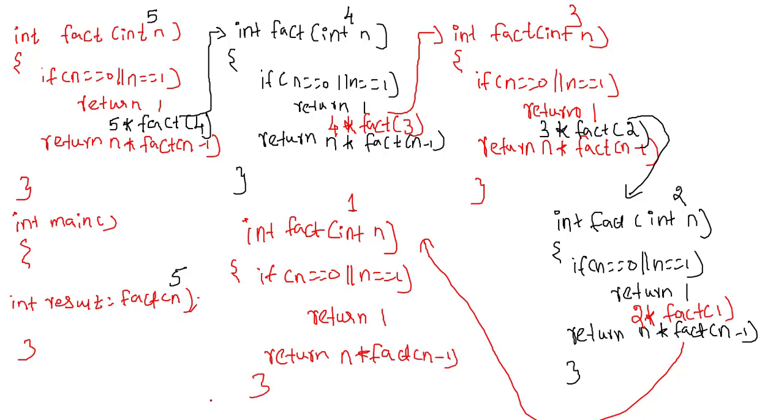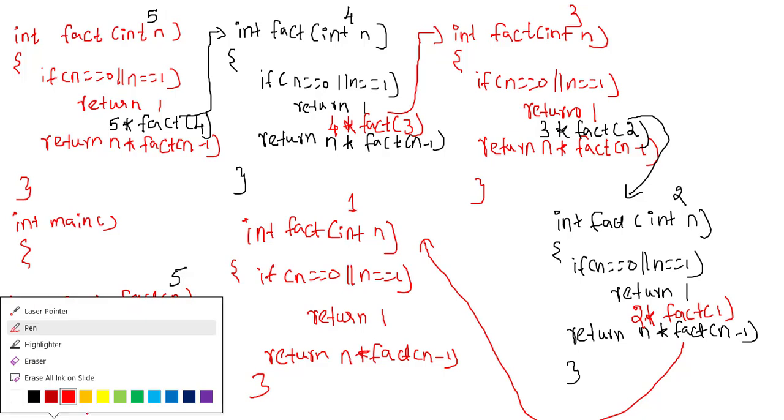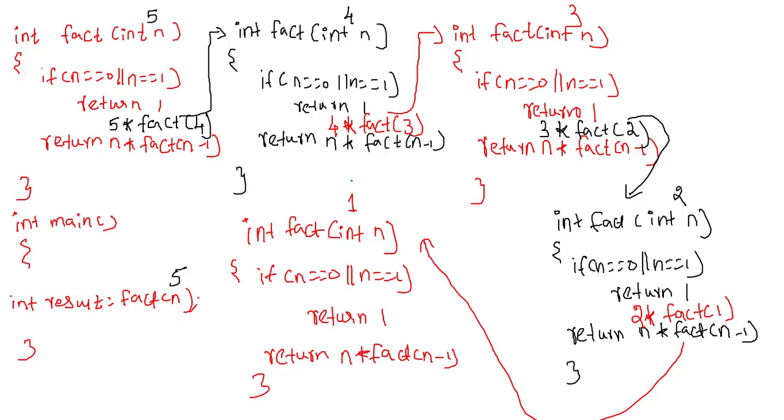Okay, so now I'll just change the color so that I can get to it very easily. I'll take just green. So here check n equal to 0. No, n equal to 1. Yes, the condition is true. If the condition is true, what I have to do? Return 1. What is the use of the keyword return? The return keyword helps us to come out of a function. So from this function, I'll come out and this function will return me a value called 1.